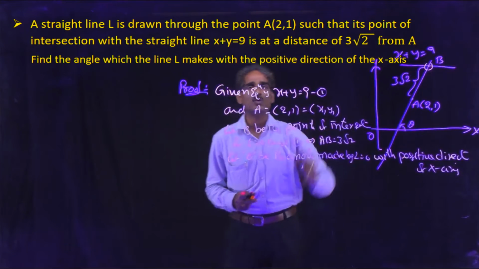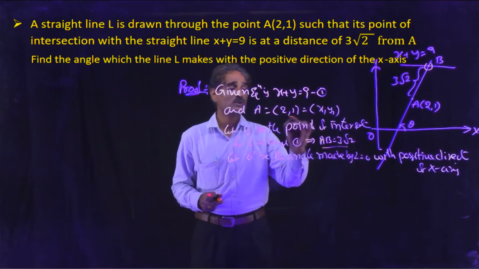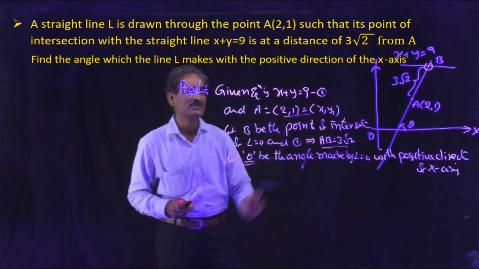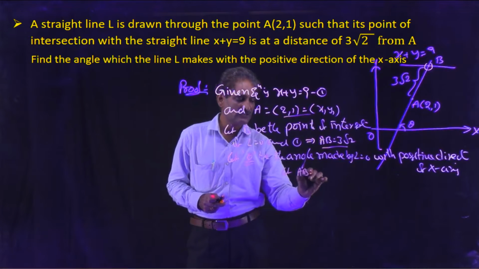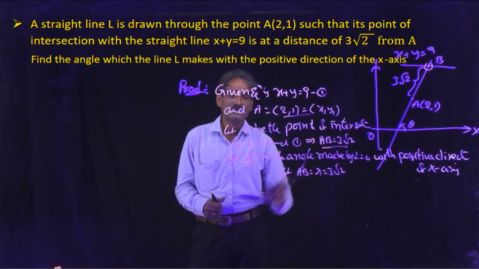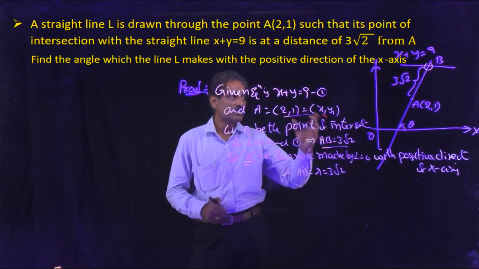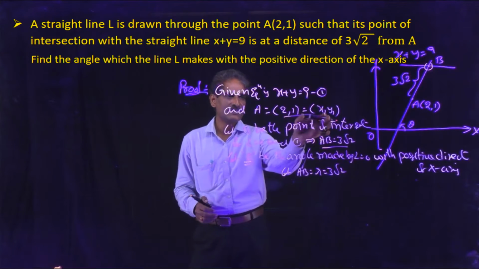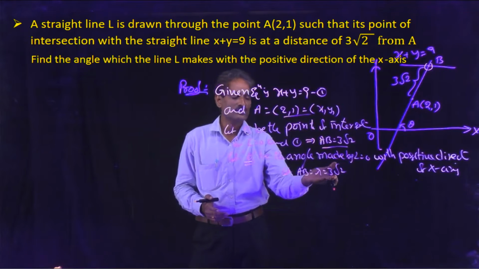Now find the coordinates of B. Here AB is 3 root 2, (x1, y1) is (2, 1), and the inclination is theta. Let AB be equal to r, which is equal to 3 root 2. Now try to write the coordinates of B. The value of (x1, y1) is (2, 1), theta is there, and the length is also 3 root 2.